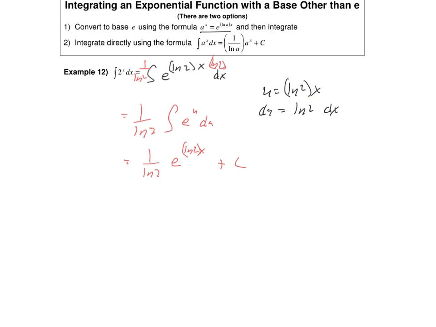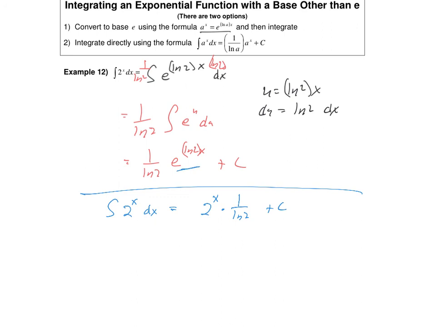All right, now if I just use the formula, the question is the integral of 2 to the x dx. So if I just use the formula, 2 to the x is 2 to the x, and then you're going to have to multiply by 1 over the natural log of 2 plus c. All right, so right now these look different, right?